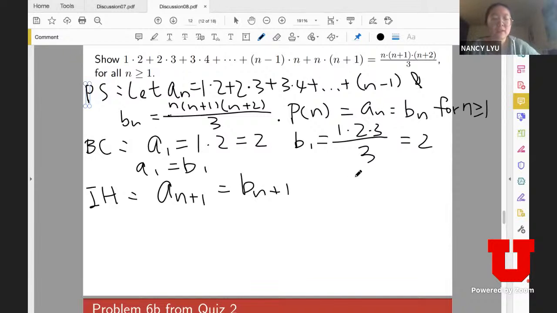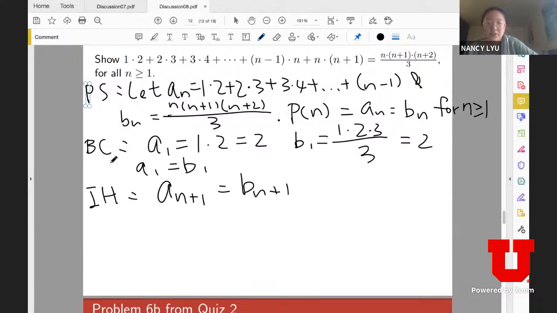If this is our inductive hypothesis, then for our inductive step we're going to start with A sub n plus 2 and show that it is equal to B sub n plus 2. You can do that, but it would be a little more work since you have the plus 2 there.